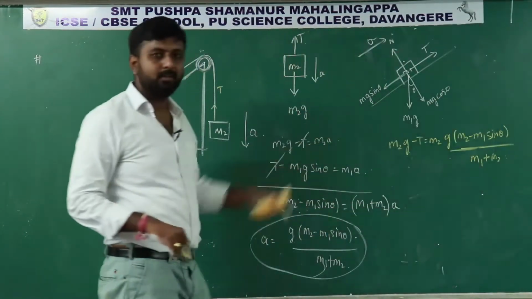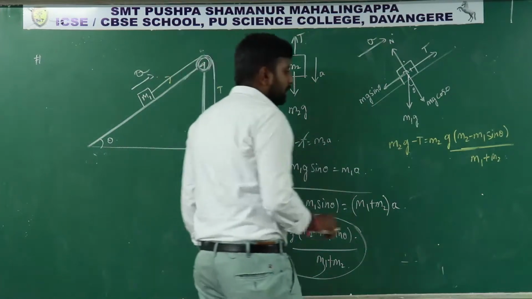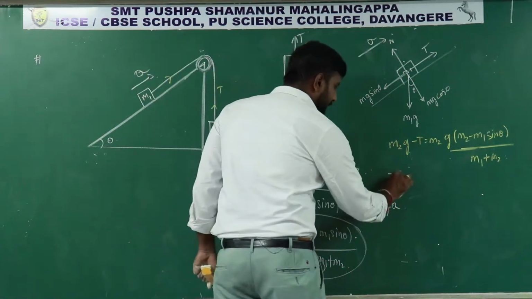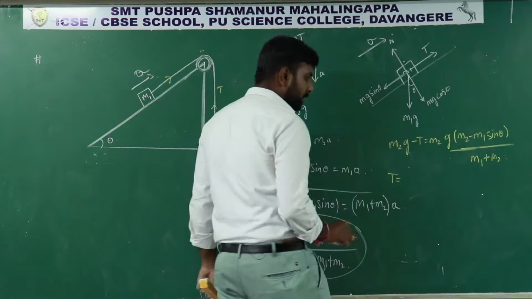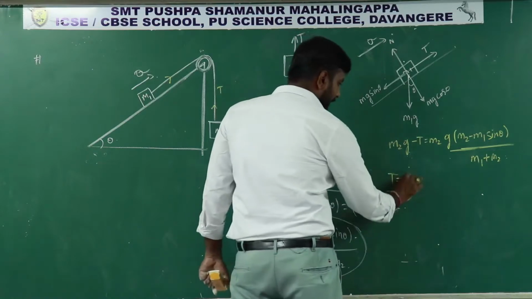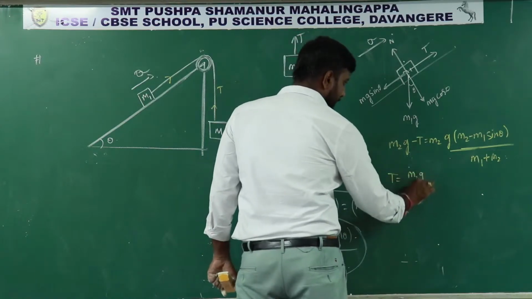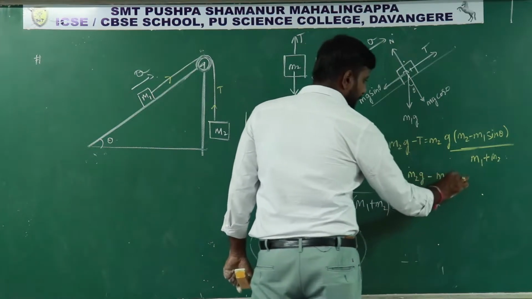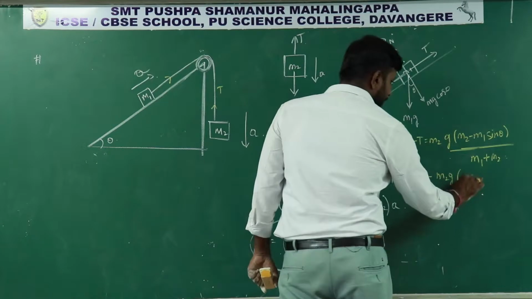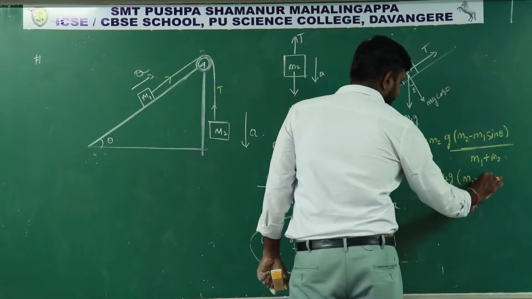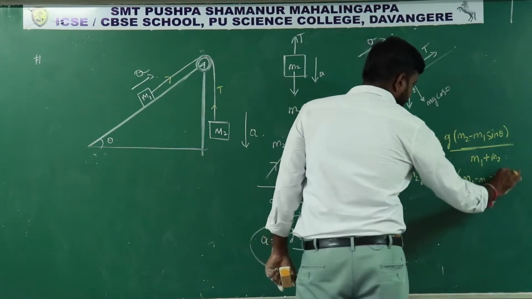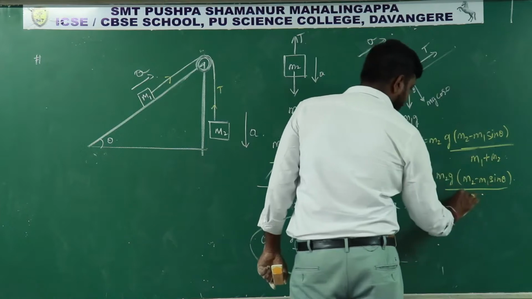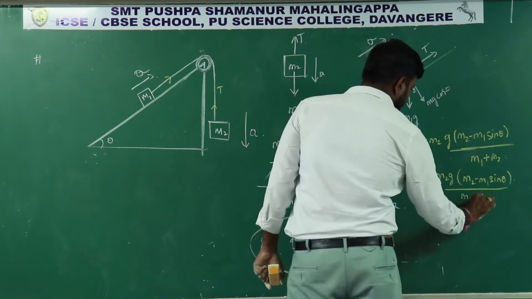You have to solve this step to find the value of T. Then T is equal to m2g minus m2g times m2 minus m1 sin theta divided by m1 plus m2.